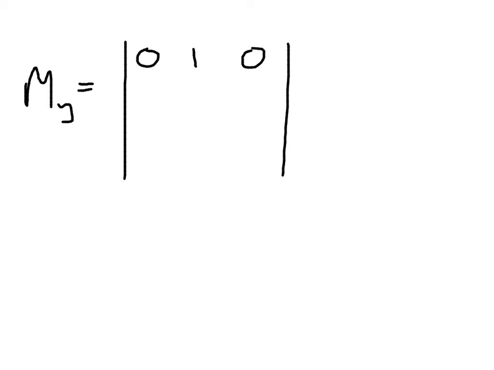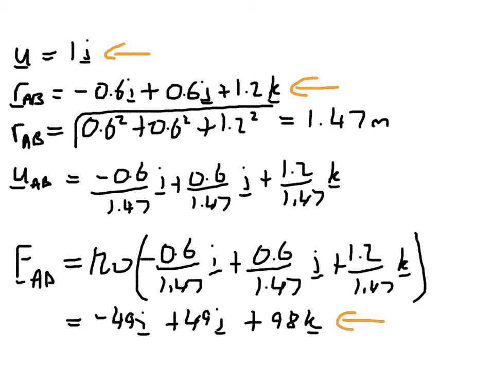So my moments about y are going to be 0, 1, 0. It's only about the y-axis, so we've only got a 1 in our middle section of that top line. Position vector was 1.2, 0, 0. Where did that come from? That 1.2, I actually told you wrong on the previous slide, so we jump back a slide, where I said you'd need this position vector.